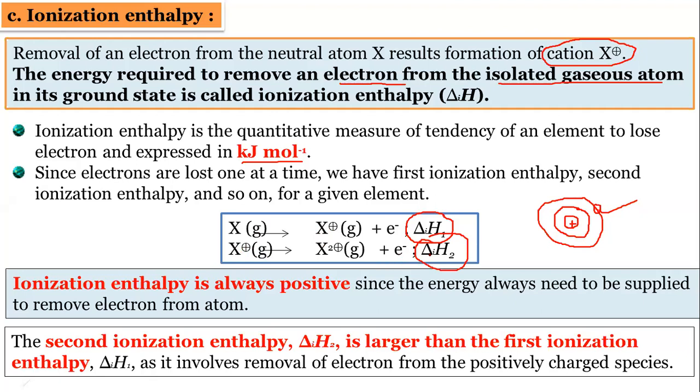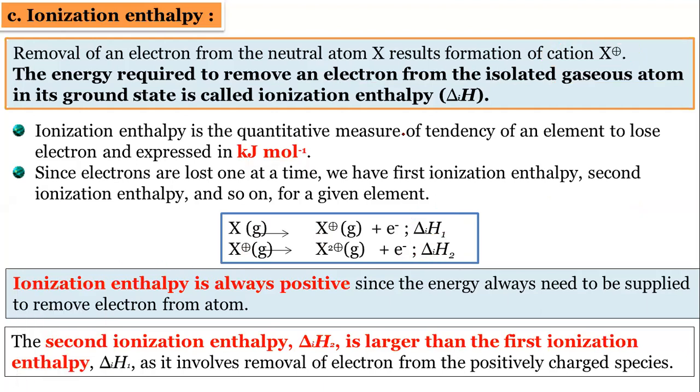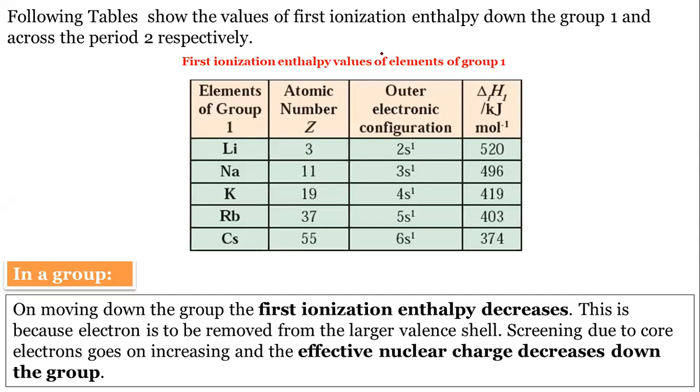Remember, second ionization energy values are always larger than the first ionization energy. Also it is mentioned here. Now here one table is given. We can see ionization energy values.